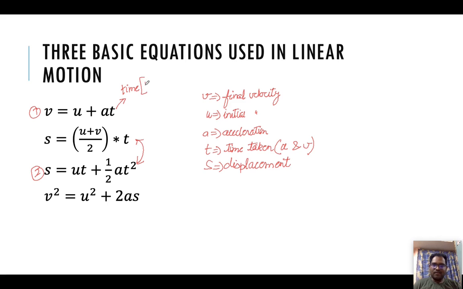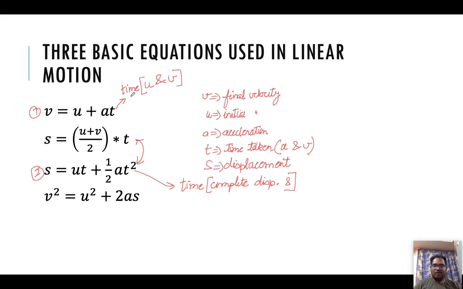which means time taken for a body which has initial velocity u and it reaches the final velocity v, whereas this particular t corresponds to the time taken to complete displacement. Yes, okay, so this is very important.